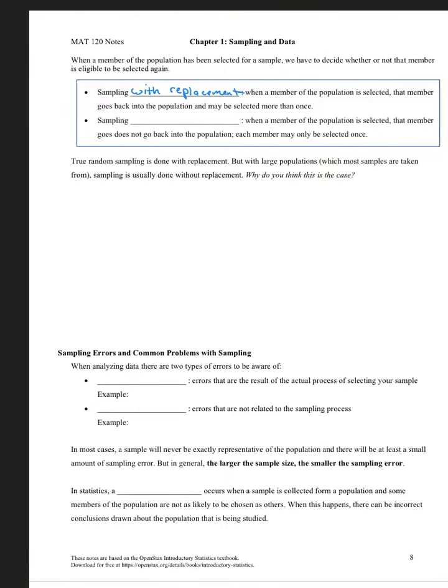But when a member of the population is selected and that member does not go back into the population, each member is only selected once and has no chance of being selected again.